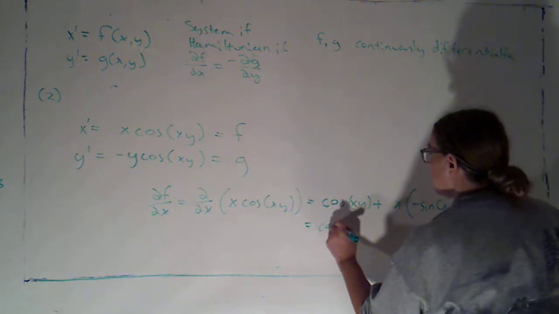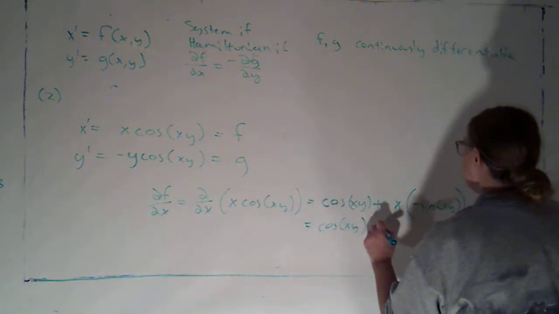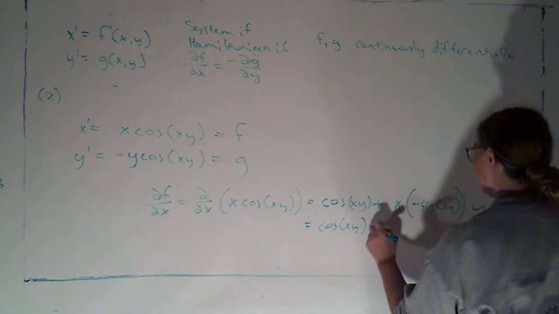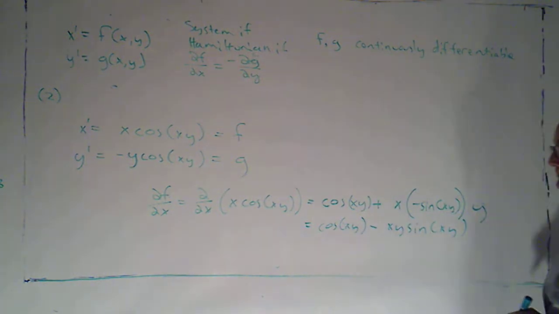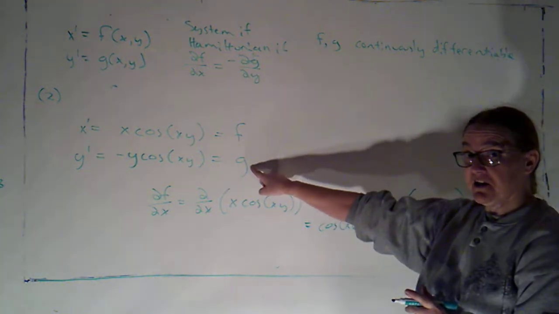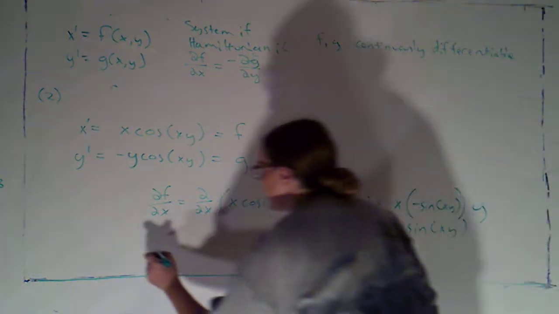So that's going to be cosine of xy minus xy sine of xy. Okay, let's take the partial of g with respect to y.